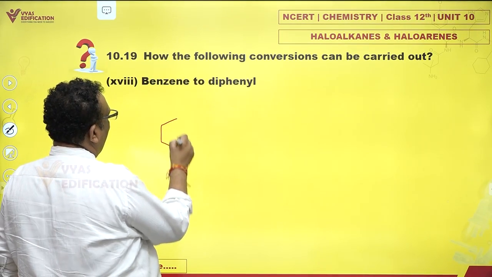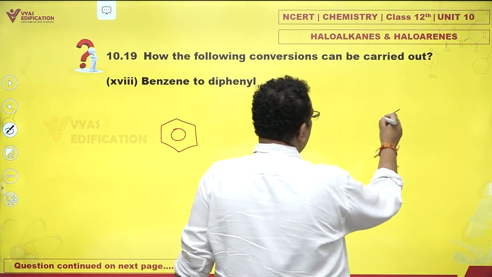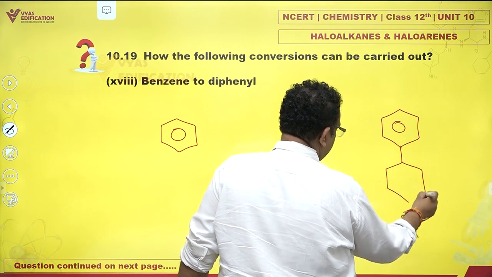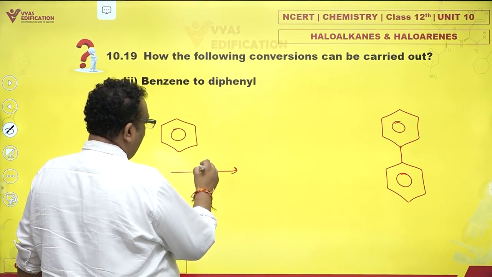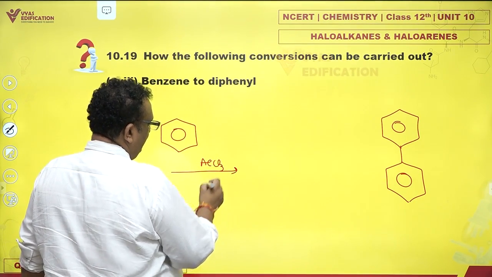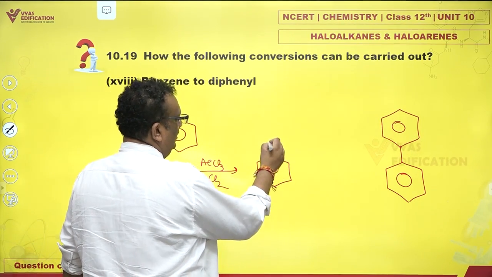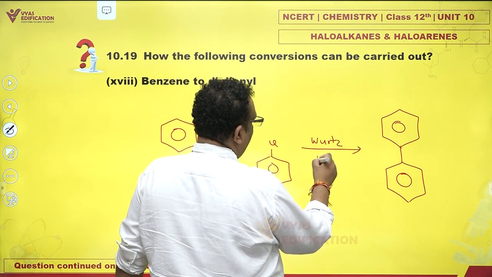Benzene to biphenyl is again a repetition. Old questions have been shamelessly repeated in NCERT, which is a hallmark of NCERT. How do we do this? Well, AlCl3 and chlorine. You get chlorobenzene and then you use Wood's Fittig reaction.